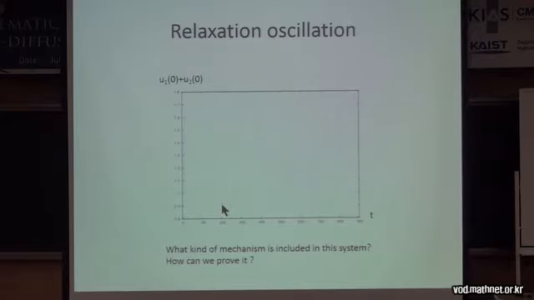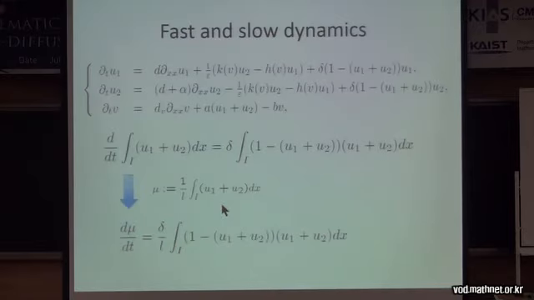So what kind of mechanism is induced in this system? As mentioned before, we assume delta is sufficiently small, that is, the growth term is sufficiently small. Then we can divide the dynamics of this solution into fast and slow dynamics.